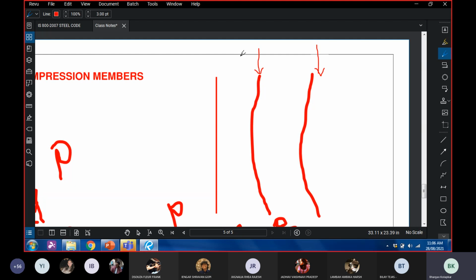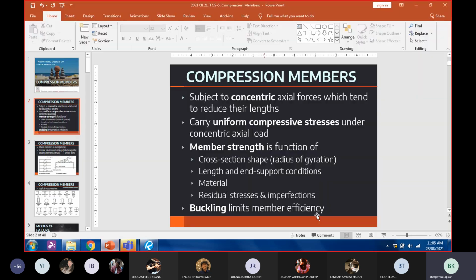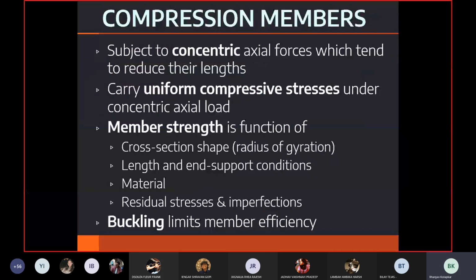The reason for mentioning all these factors is to give you a feel that computing the design strength of a compression member is a very complex process.